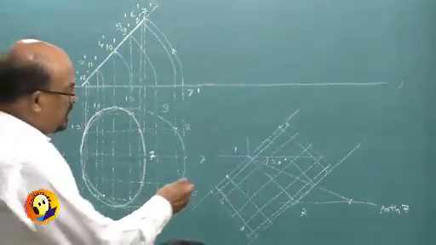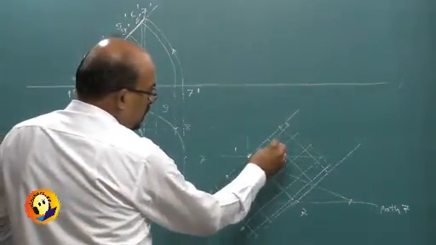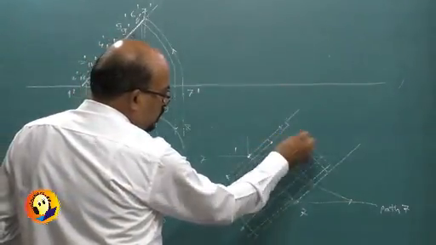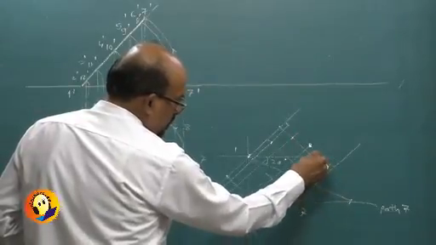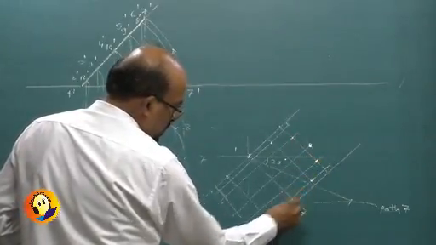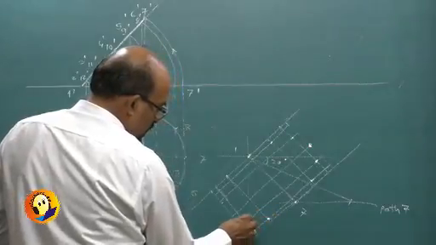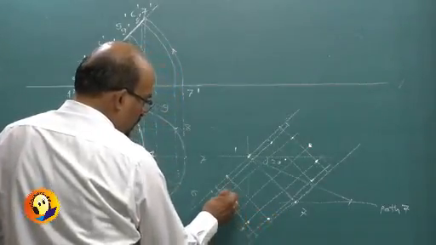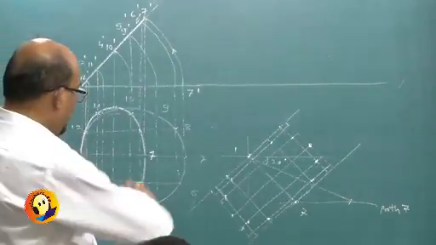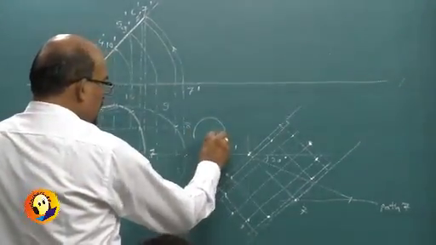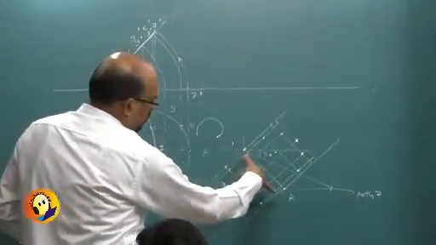And now the job is simple. From here, this will be the next point, next point, next point, next, next, next, here, this, this, this, this. We get the 12 points, and we have rotated it in this direction, because 17 is now like this.